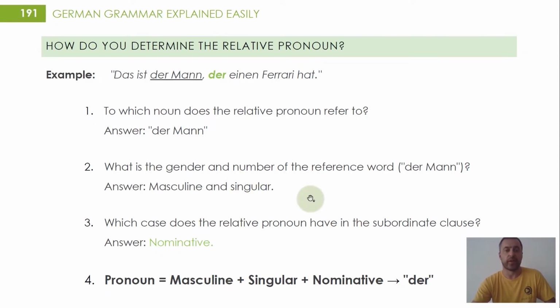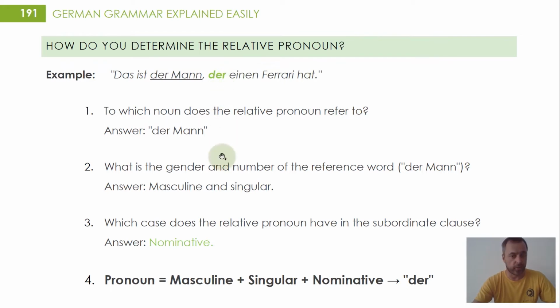Third thing, you have to figure out the case. The case has nothing to do with the case of the reference word. That is the case that the pronoun has in the relative clause. So in our case, it is nominative. So here, der einen Ferrari hat.